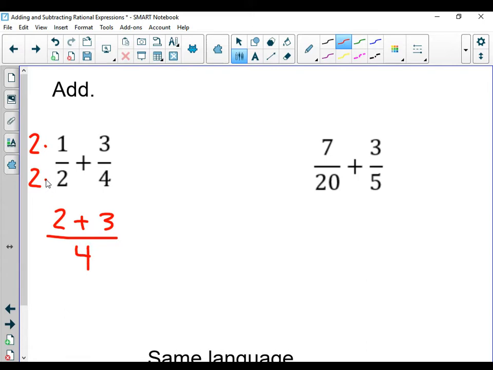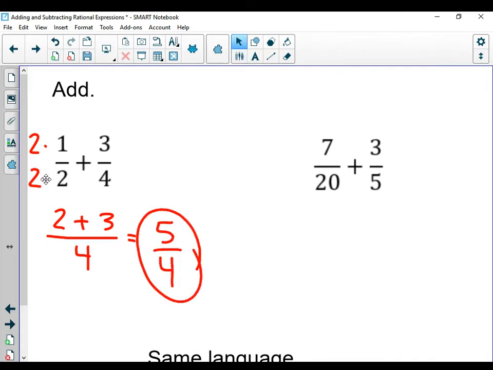Some people have a tendency of accidentally writing 2 denominators. All right, we're not doing that. Just one of them. So then this just turns out to be 5/4. Now, there's a lot more work to show for some of those, but that's the process that I want to use. So that way we know how to use it when we come across binomials.